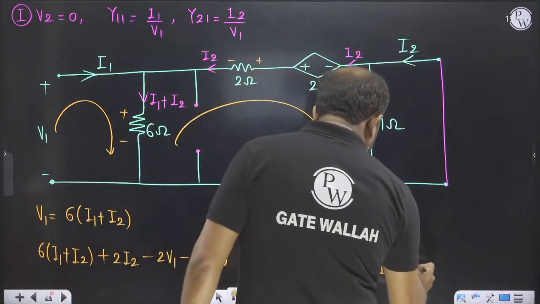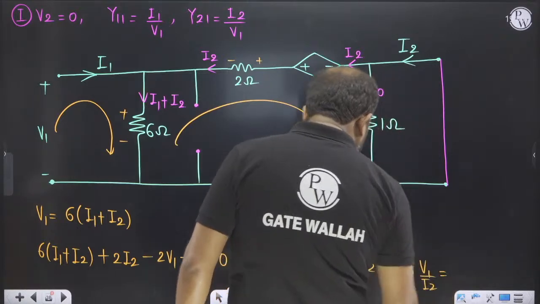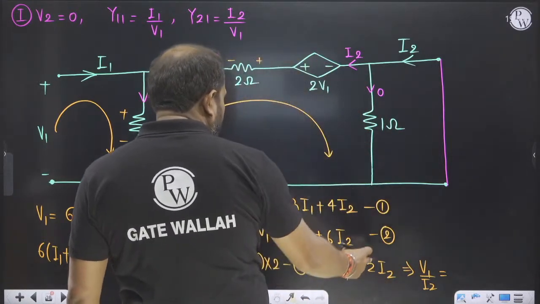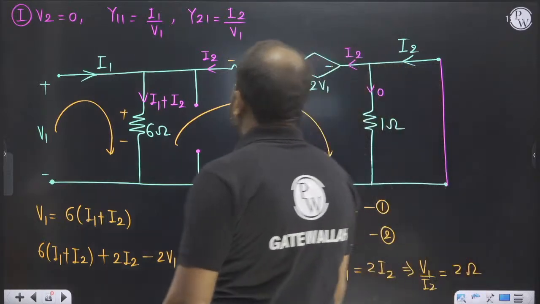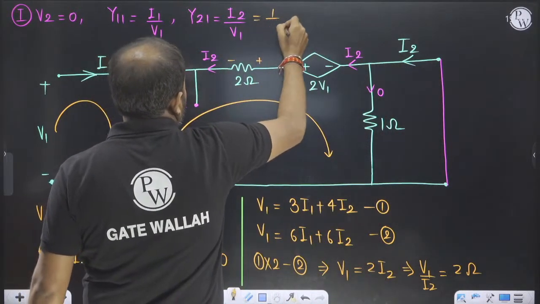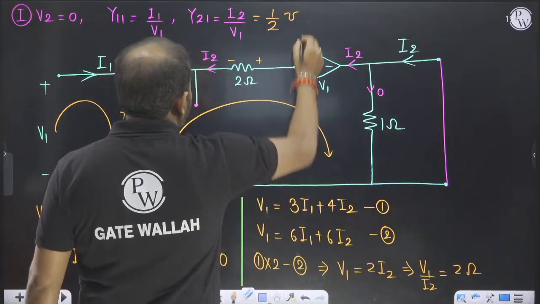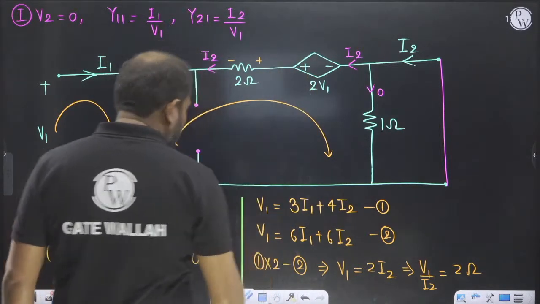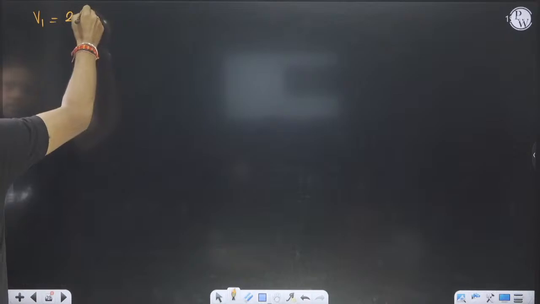So V1 by I2 is equal to 2 ohm, and I2 by V1 is equal to 1 by 2.